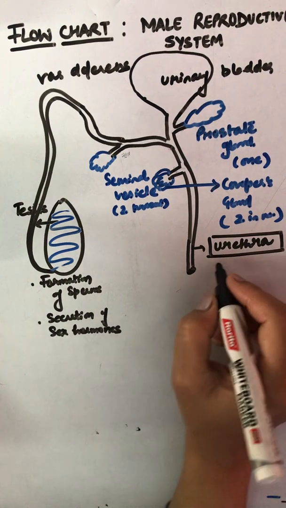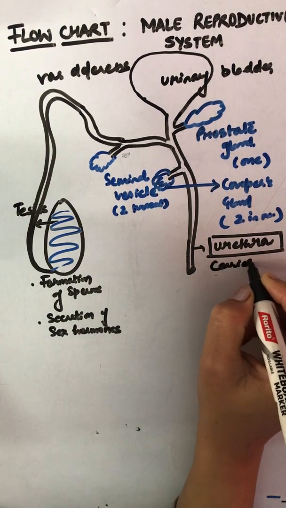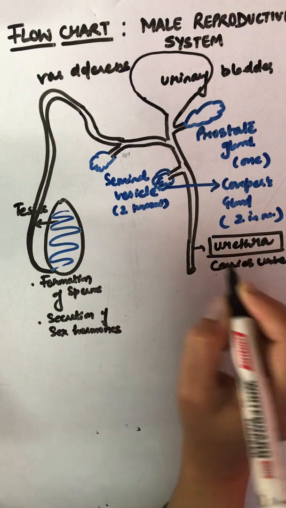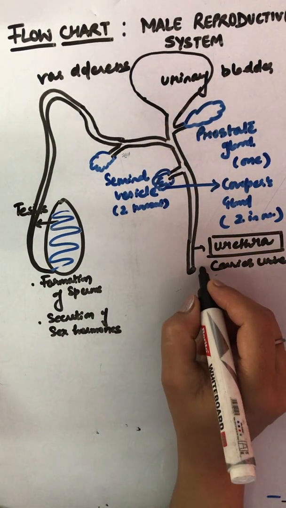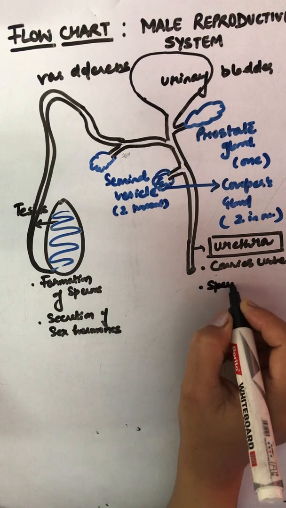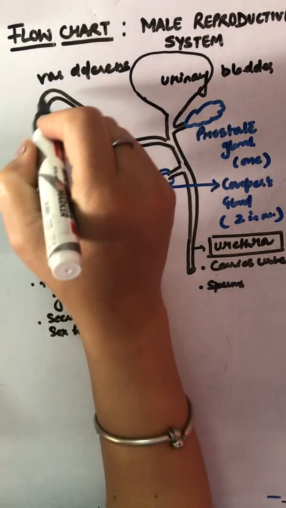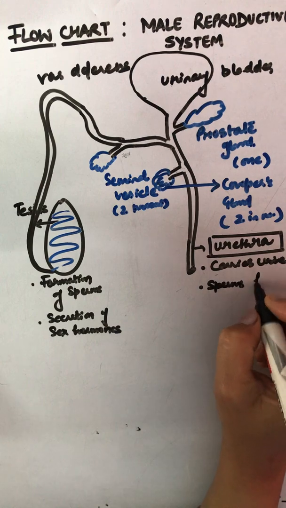Urethra carries urine from the urinary bladder, as well as it carries sperms from the vas deferens.